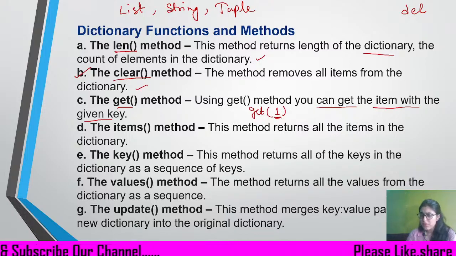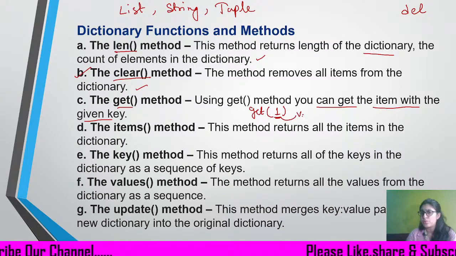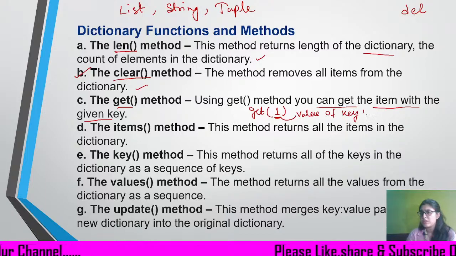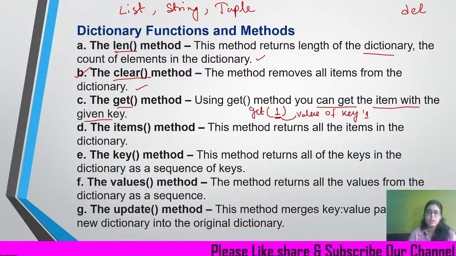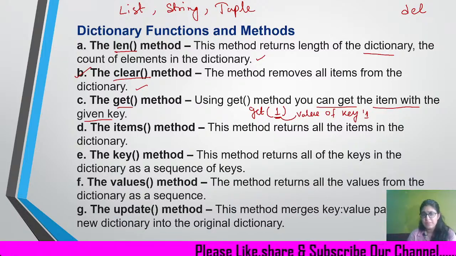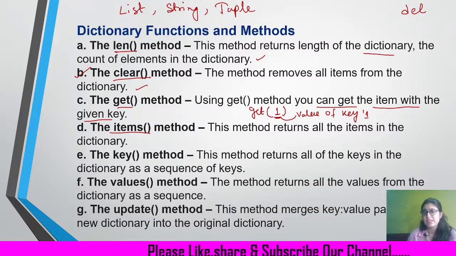Whatever value corresponds to key 1, it will return. If I give any key here, it will return the corresponding value of that particular key. Now coming to the items method, this is very interesting.